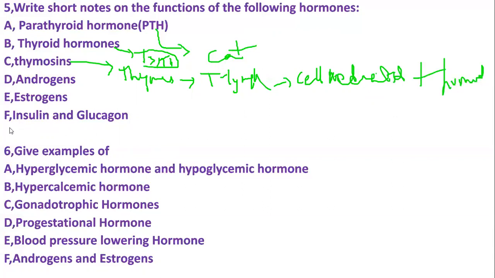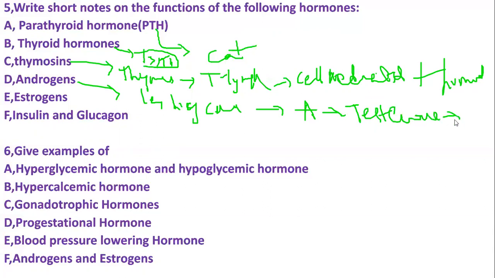Now, for androgens, the main thing to remember is the Leydig cells, which produce androgens, which give testosterone, which helps in sperm formation. Glucagon is a hyperglycemic hormone, and insulin is a hypoglycemic hormone. Both are secreted in the pancreas from the alpha cells and the beta cells respectively.